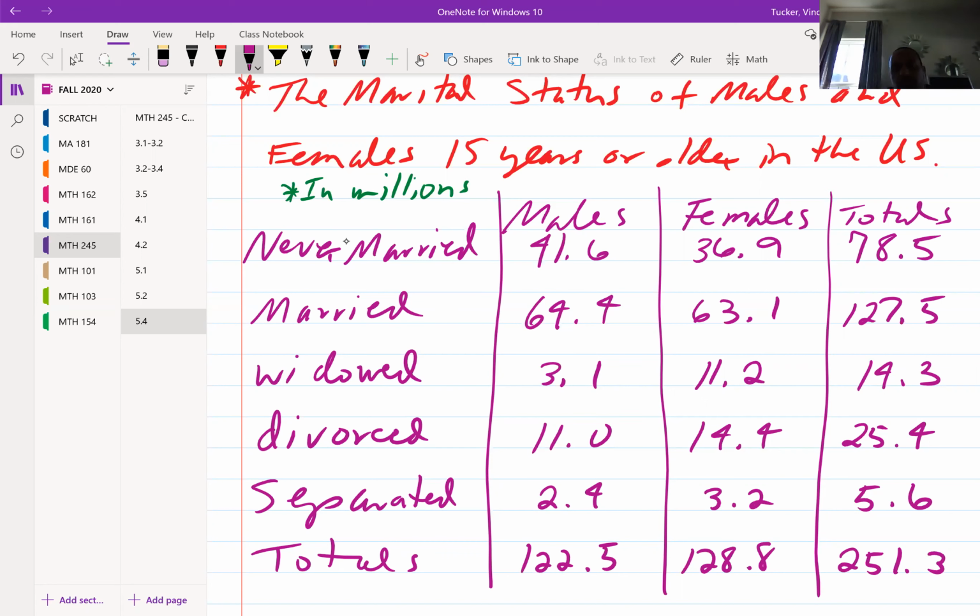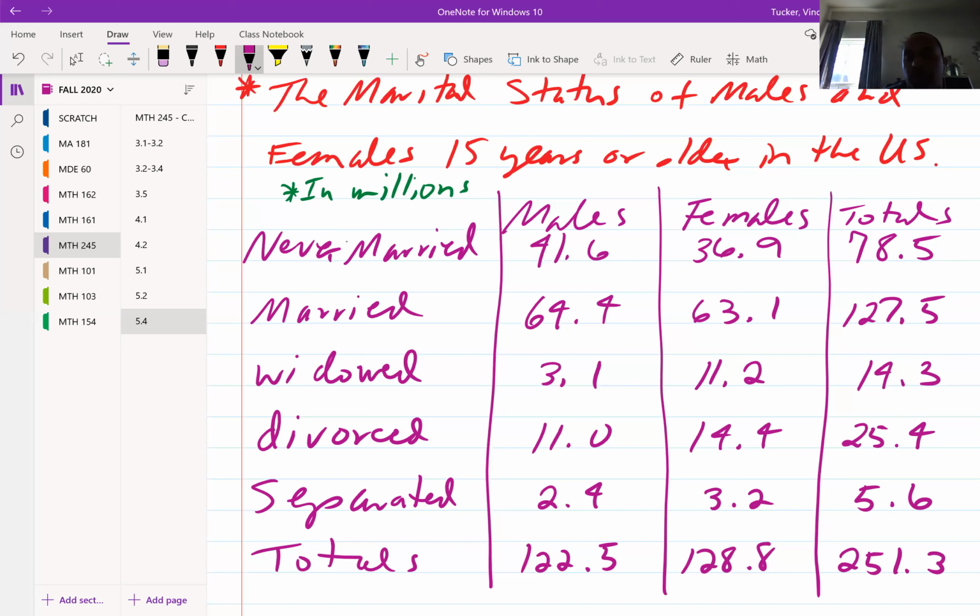All right, so there's our chart. Never married, married, widowed, divorced, and separated. For males: 41.6, 64.4, 30.1, 11.0, 2.4. Total is 122.5. Females: 36.9, 63.1, 11.2, 14.4, 3.2, and then a total of 128.8.